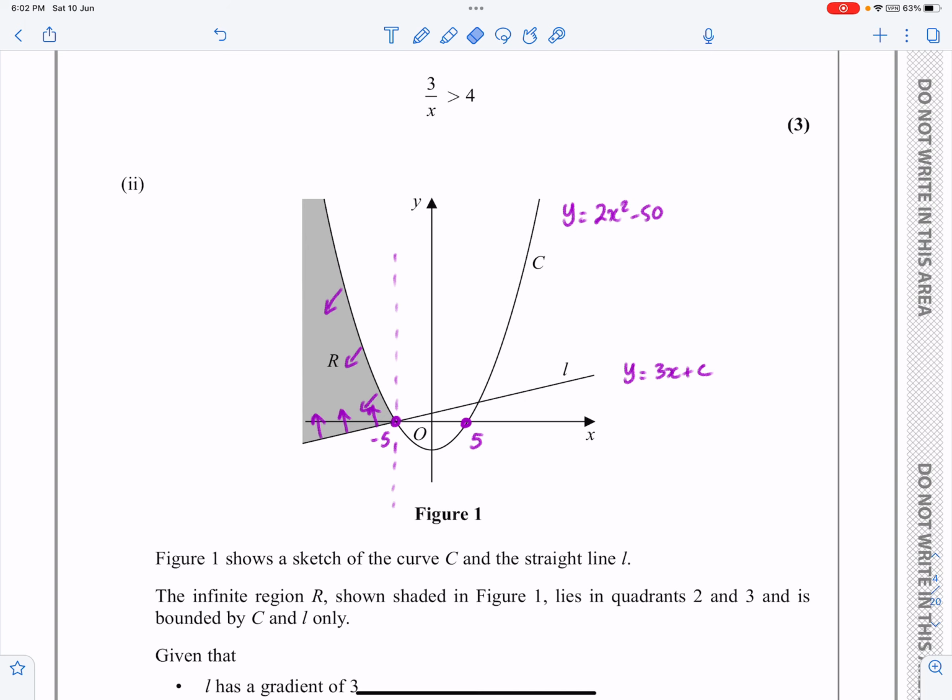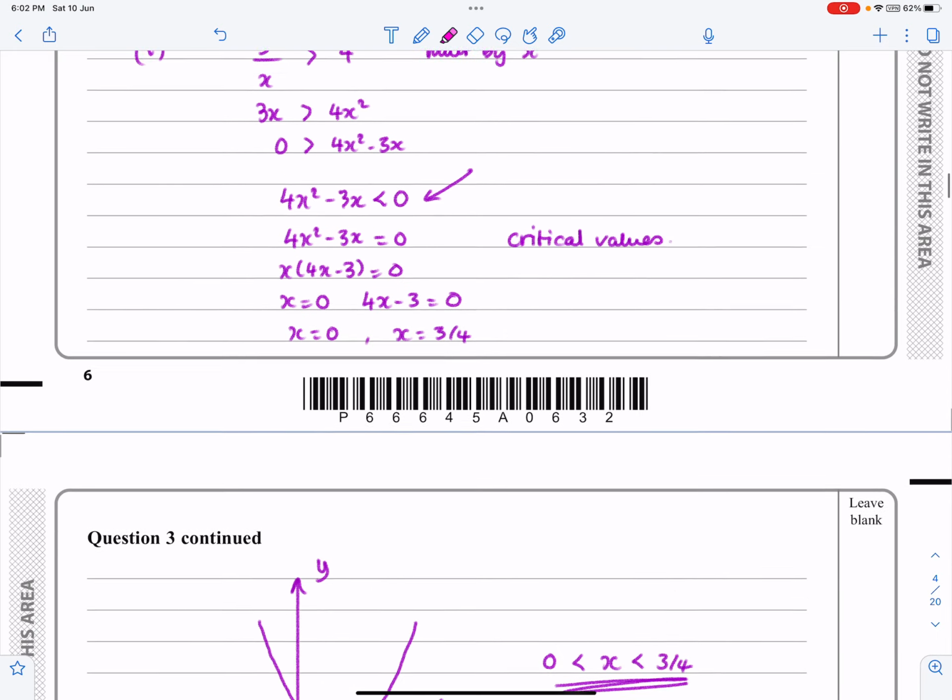So now we're going to use the idea that this straight line is hitting the curve. So this point here now becomes mega important because it's where the line hits the curve and also where x equals -5. Make sure you understand that because that's what I'm going to be doing here.